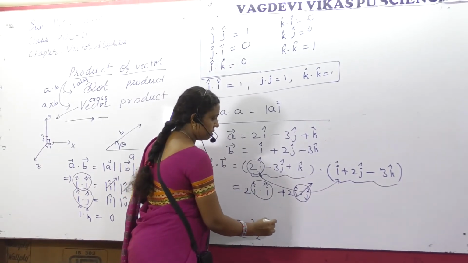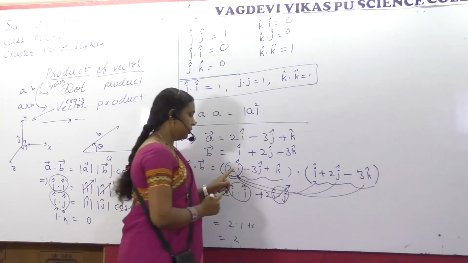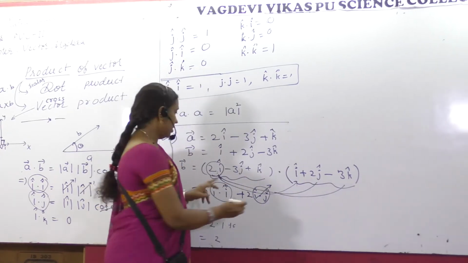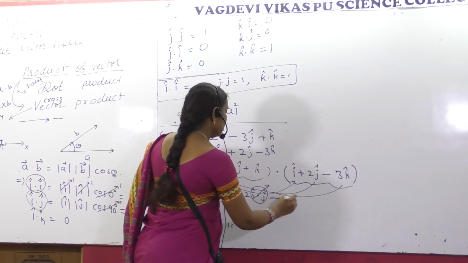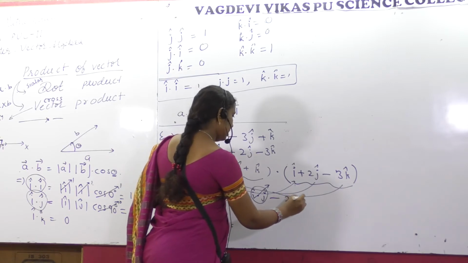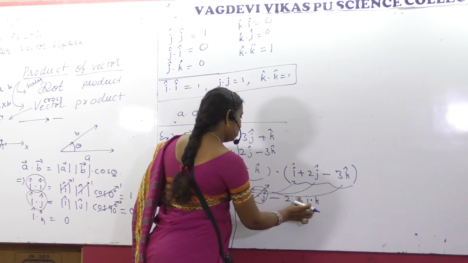So this is 0. With respect to minus 3k, 2i dot minus 3k, i dot k you get, no? So this will be minus 2 into 3, i dot k. So 2 3s are 6.